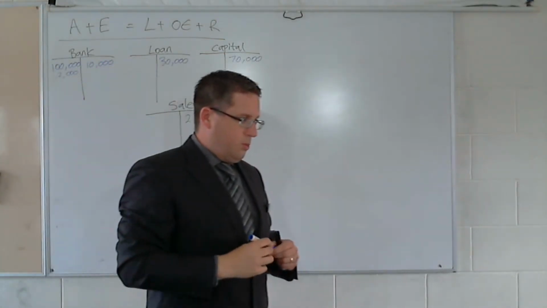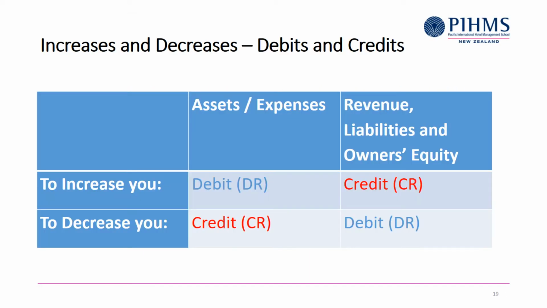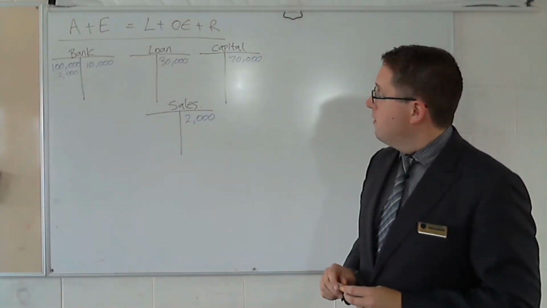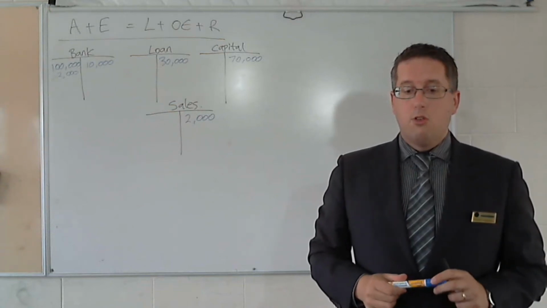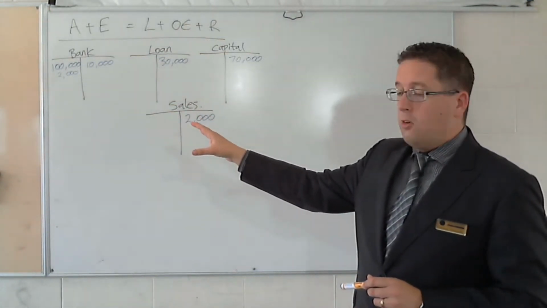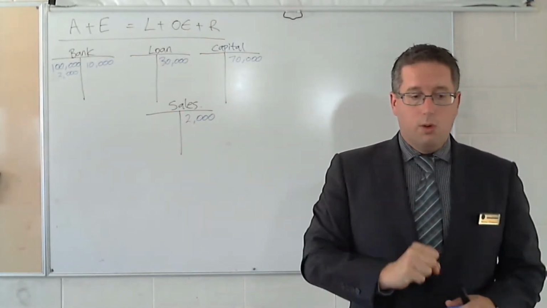You might go, whoa, credit, why credit? Well, go back to the debit credit table. An asset that goes down, to decrease it, you need a credit. So if you look at that T account, we now have $10,000 on the credit side. So instead of having $102,000 recorded, we now have $92,000 recorded.